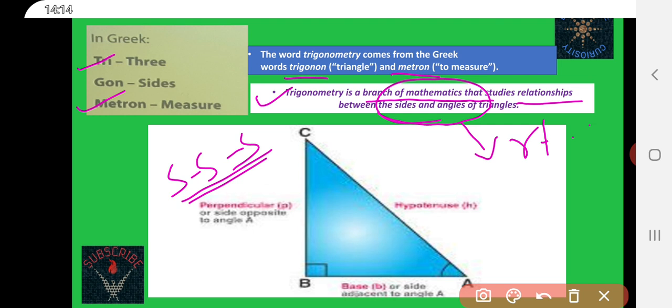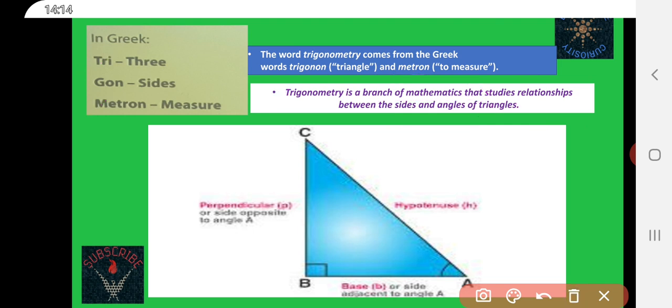But here we shall know the relationship between angle and side, this side and this side or this side.